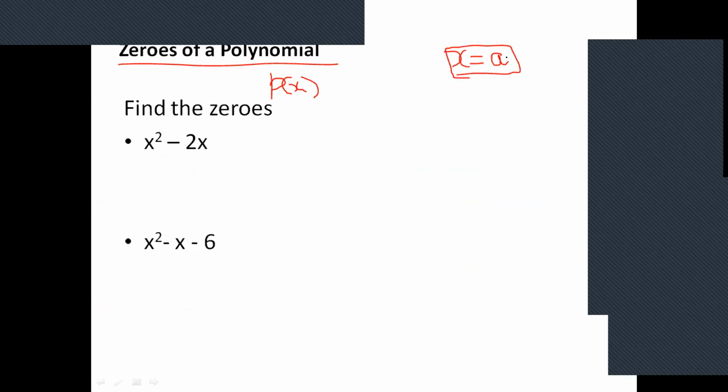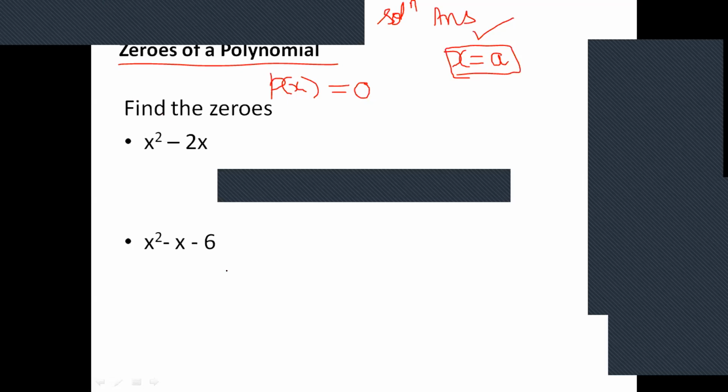So if you are able to substitute this a in the place of x in p of x and you get the answer as 0, then we can say x equal to a is the solution of the given polynomial, or it can even be the zero, or, remember, zeros have different names. It can be roots. Okay, it can even be the solution, answer, and zeros. Please remember this.